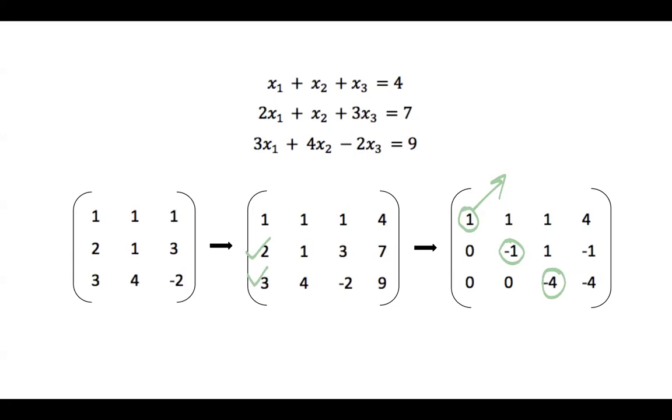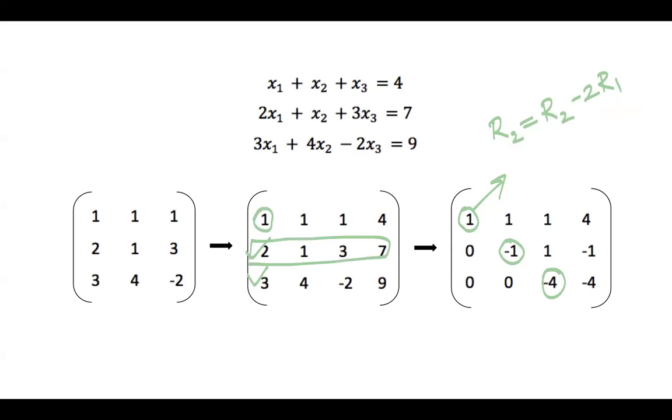This element is 1. What we can do is write row 2 equal to row 2 minus 2 times row 1. What will happen if I do this? I've taken this as the pivot element, and this is row 2. Now I make row 2 equal to row 2 minus 2 times row 1.